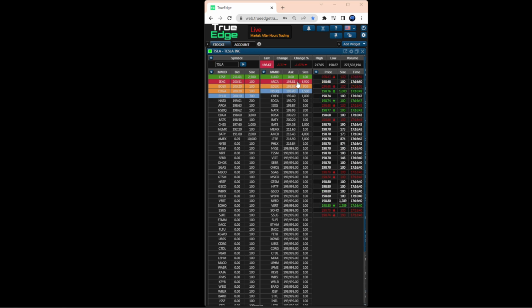So in other words, they're looking to sell shares above the current bid. If the bid is, let's say, 198, they're trying to sell higher than 198. So maybe they want to sell at 198.01 or 198.10 or whatever it may be. So in short, this right here is the current offer, the current ask, where someone is attempting to sell shares at.